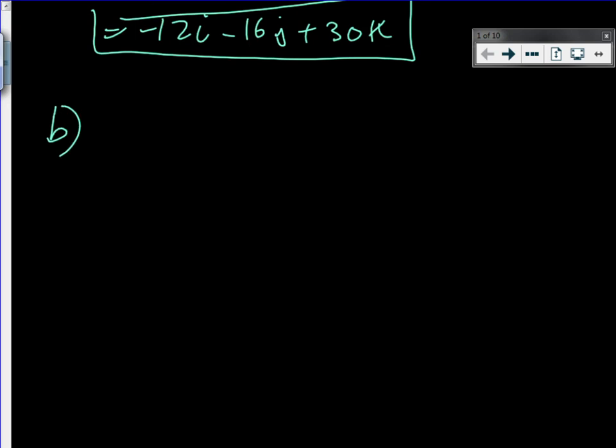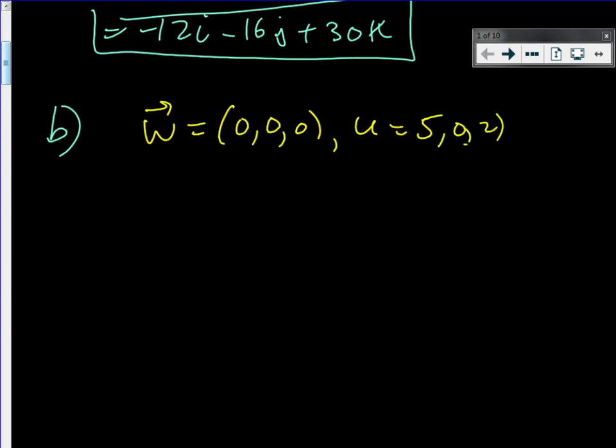Part B asks us to compute the area of the triangle that has, I'll call it point W, the origin, and it also has u, which is 5, 0, 2, and v, which is 2, 6, 4. So now you have those 3 points, 1, 2, and 3.